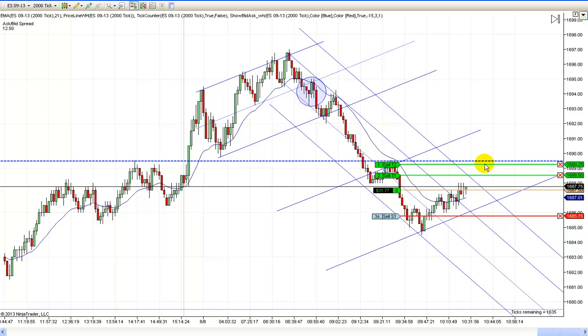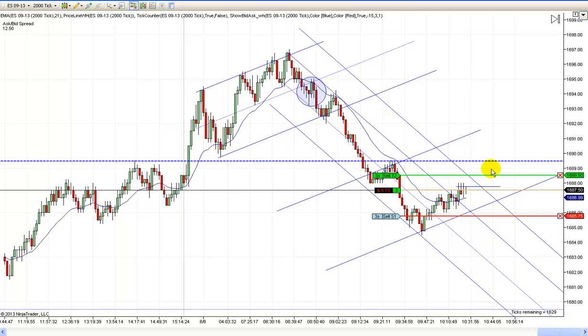Very rarely do these traps fail. Every once in a blue moon one will fail, but it's rare. I'm going to go ahead and scalp out of this thing in full because we're going to find resistance here, I'm afraid. And so there's no sense in wasting that runner.